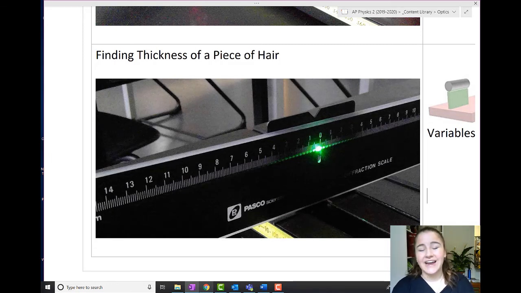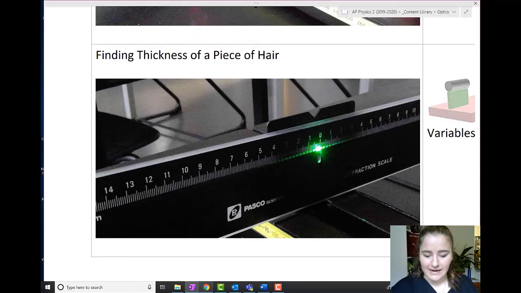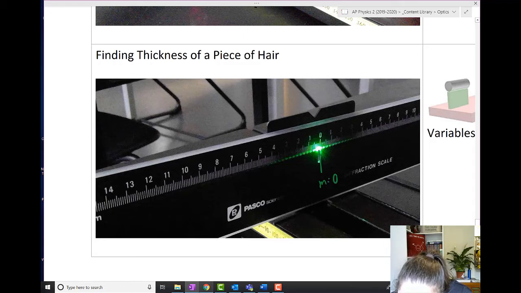Now, this is so different that I don't even think I'm going to be able to use the m equals 1 maxima. Okay, if you see there, there's our m equals 0, and it actually looks like it's at about 0.1 centimeters. Okay, let's keep that in mind. Now, there is probably our m equals 1. There's our 2, and there's our 3. Okay, I'm going to go ahead and use the m equals 3 maxima.